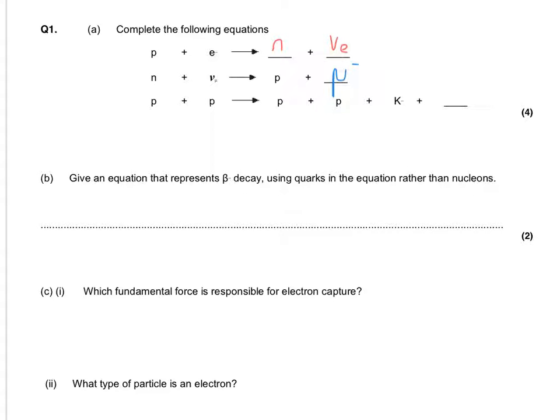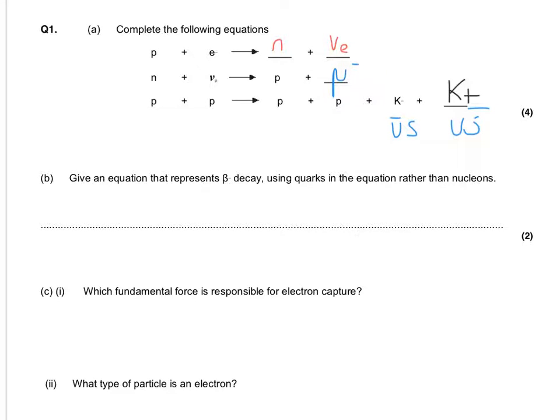Your K minus is made of an anti-up and a strange, so this one must have an anti-strange quark to cancel out the strangeness, and it also must make it positively charged, so it must be an up anti-strange, and that particle is a K plus particle. So we've got strangeness conserved because it's a strong interaction, baryon number conserved, and charge conserved because these cancel each other out.